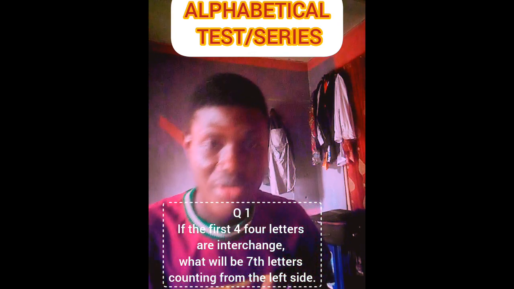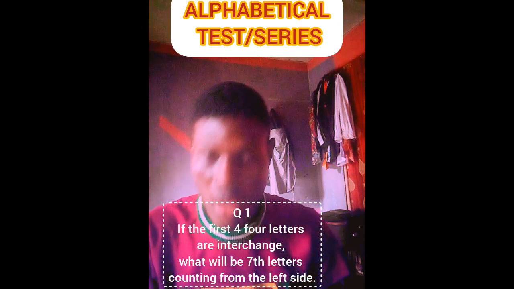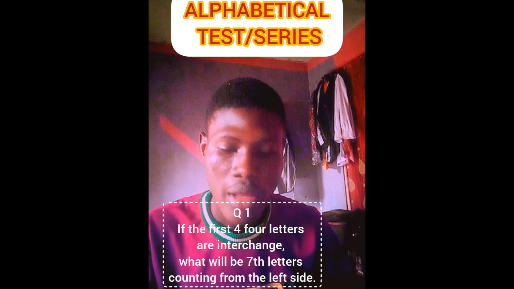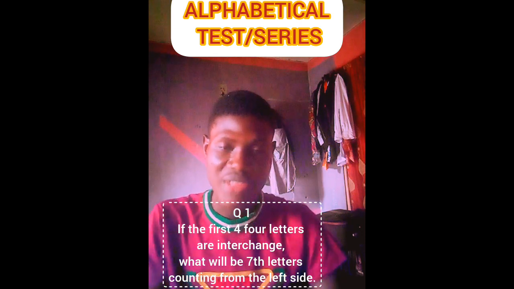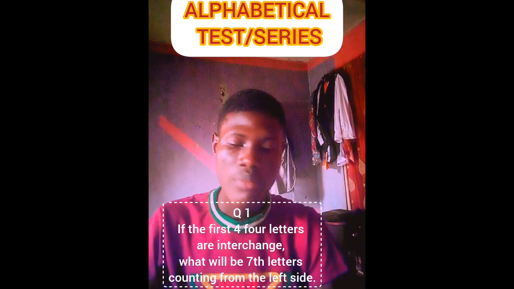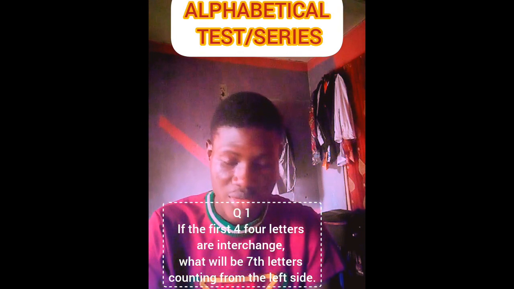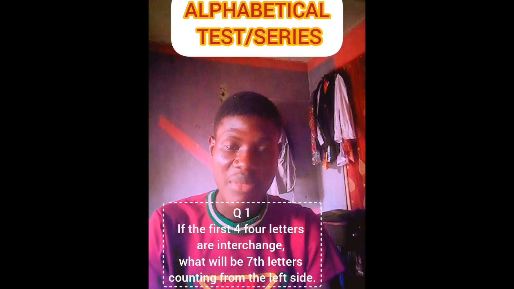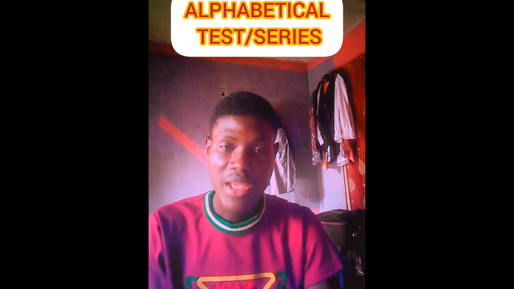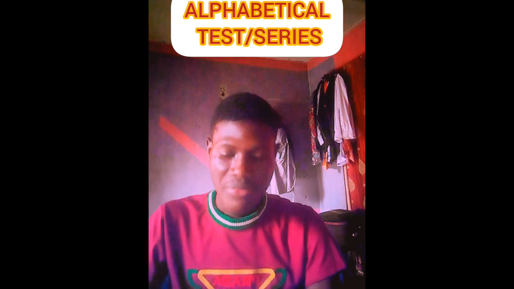We want to answer the question right away. I said you have to write the ABC to Z. Then follow the instruction that is being given to you. We're cutting from the left of the English alphabet. After you have written it to Z, now interchange it.